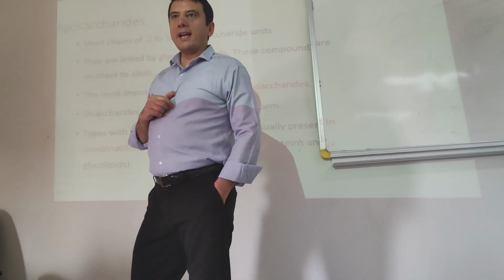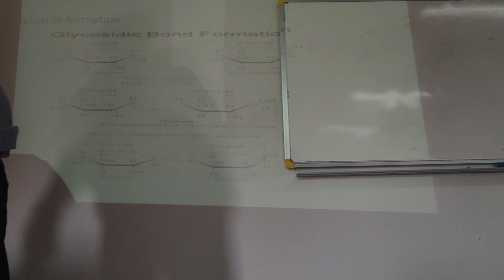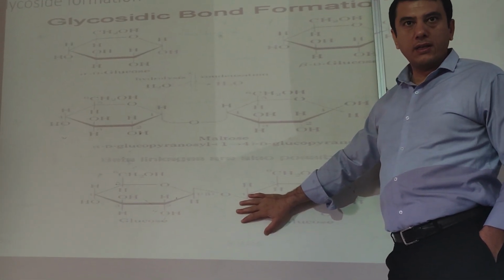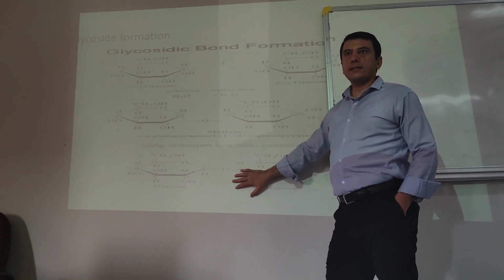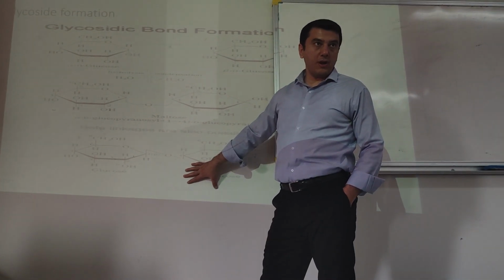This type of joint, the glycoside joint, is highly resistant to alkali situation.